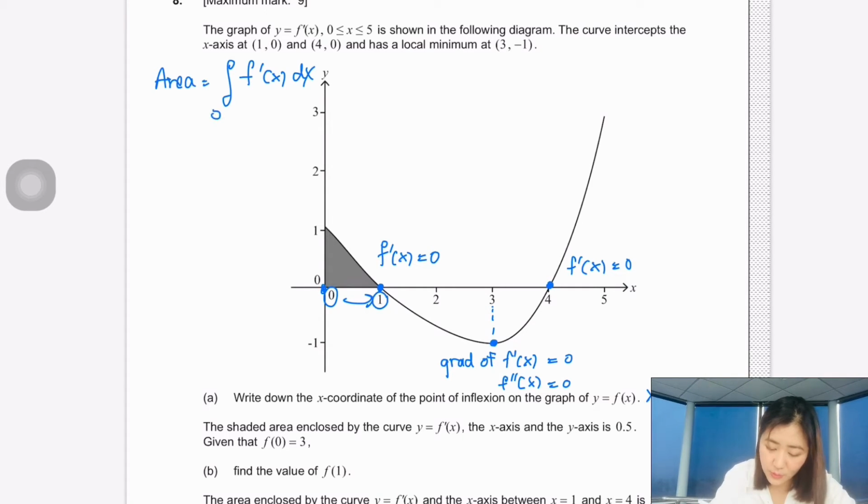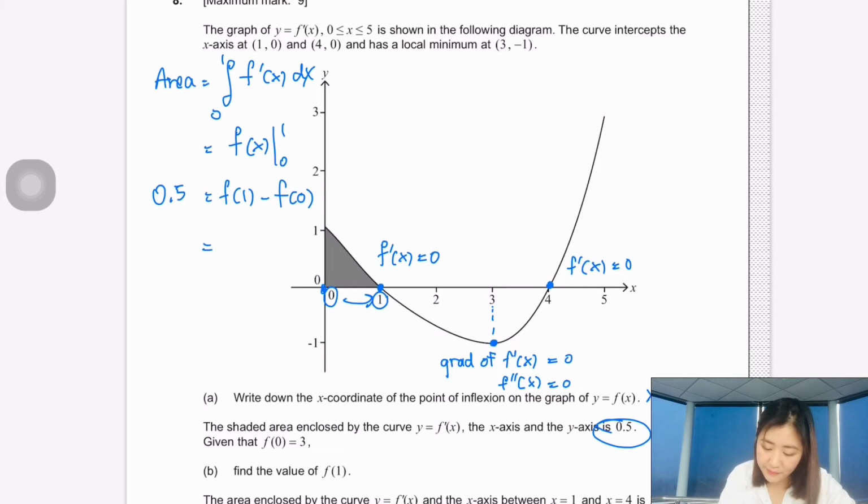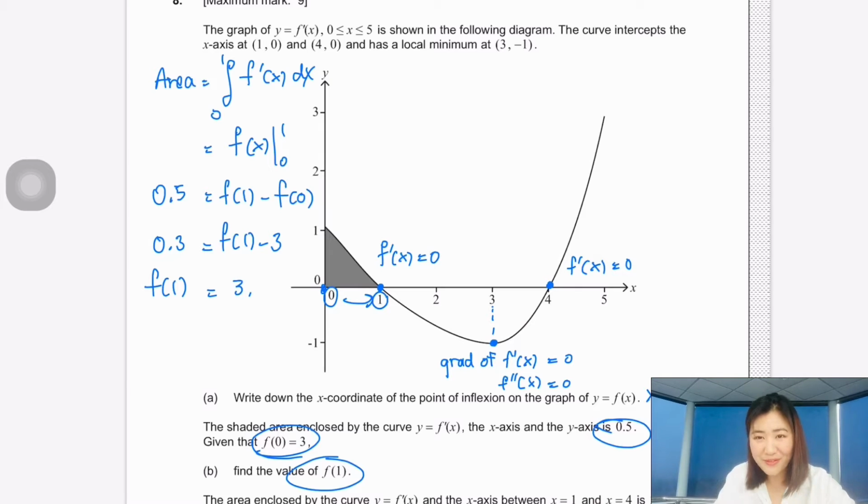When you integrate the derivative of f, you get f, so it is f(x) from 0 to 1, which is f(1) minus f(0). The area is 0.5, and f(0) is given, so f(1) minus 3 equals 0.5. Therefore, f(1) equals 3.5.